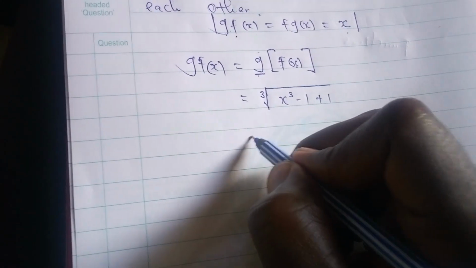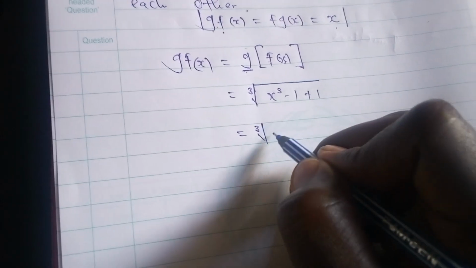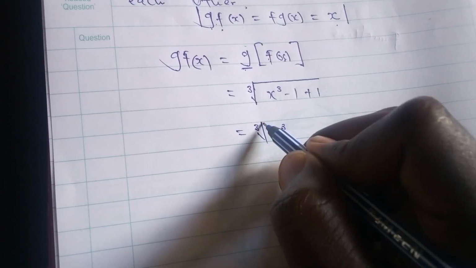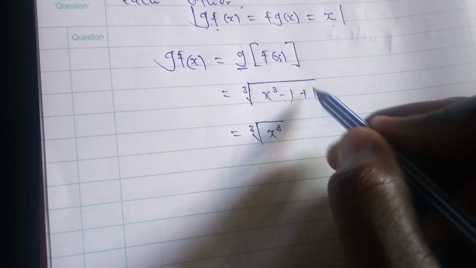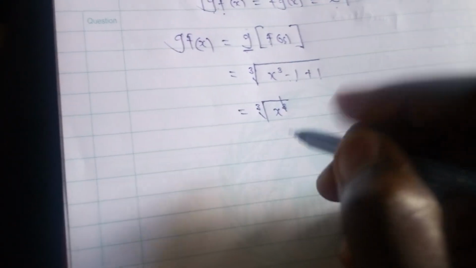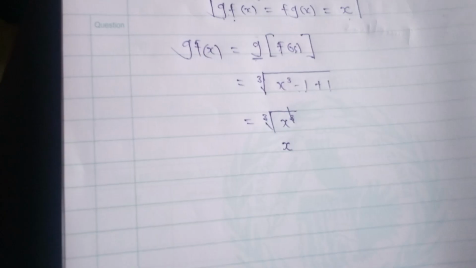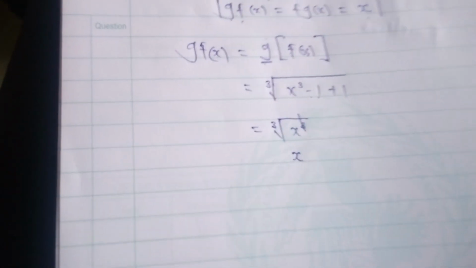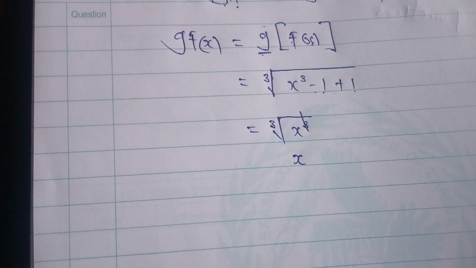From there we simplify, that is cube root of x cubed. When you add negative 1 plus 1, you get 0, so that cancels and you remain with x. So you have calculated g of f of x.